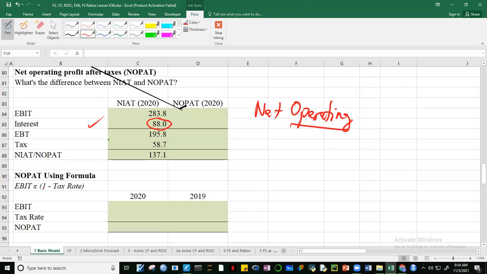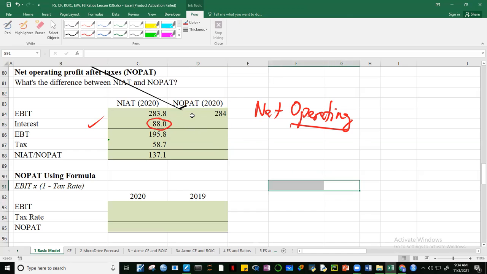So what we're going to do is compute for the operating profit of the firm by excluding interest expense. So it's as if the company did not have any interest expense. We will not charge operations with the interest because it's not part of the operations, right?